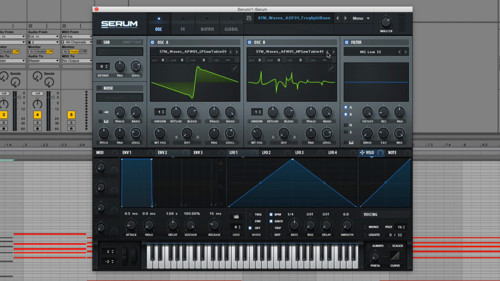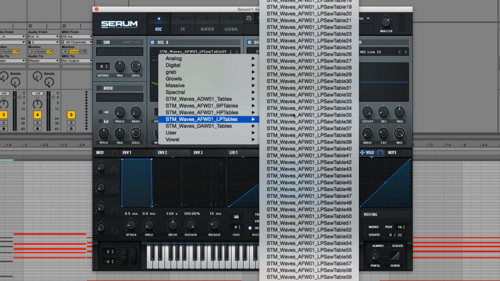And instantly turn up tons of different kinds of basses, and you can do the same with the low end.